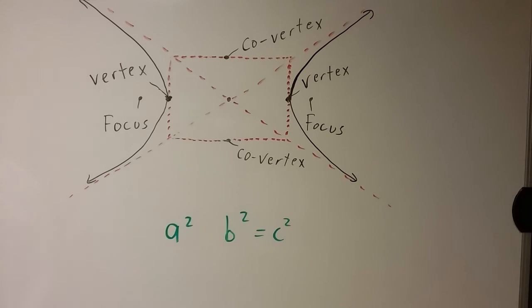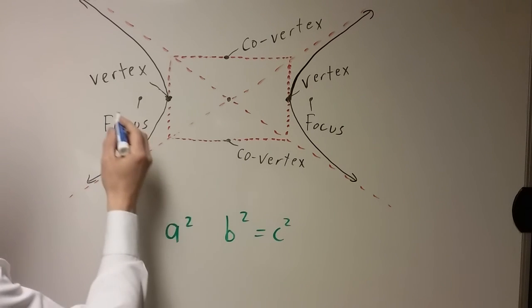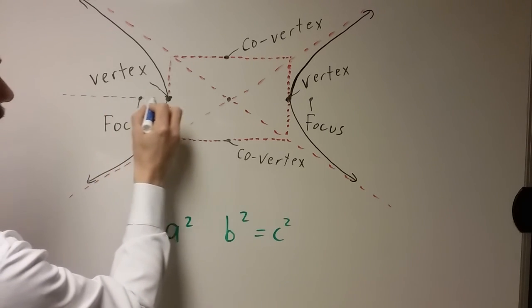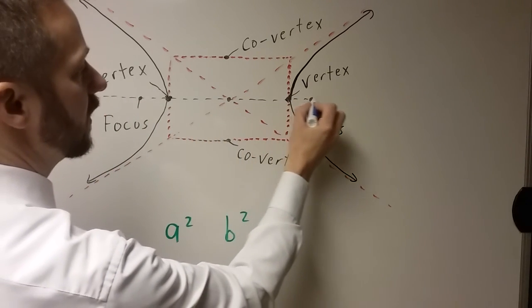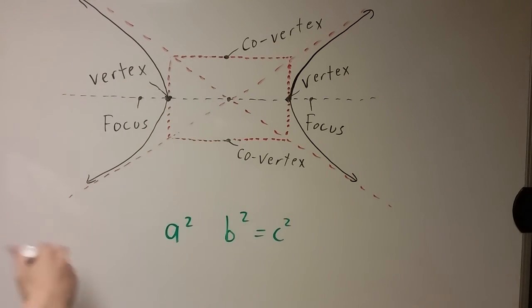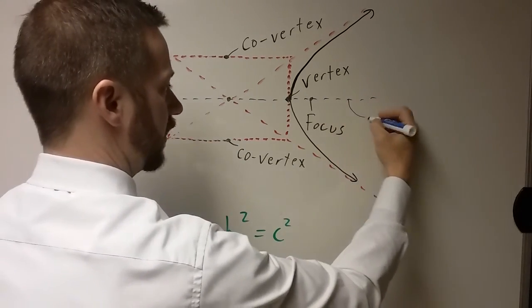Now there's a couple other things we're going to have to label in here that are important. We need to know what a couple axes are called. One of them is this: we make an axis that goes through the center, the vertices, and the foci, and we call that a transverse axis.